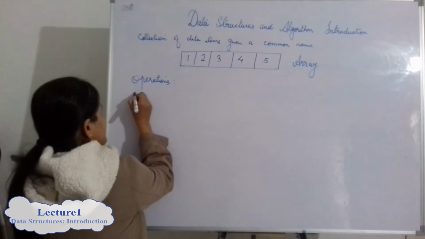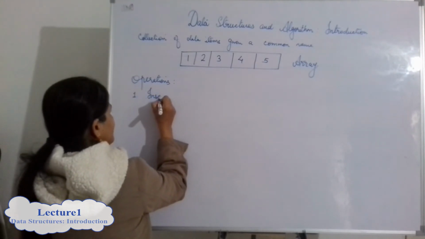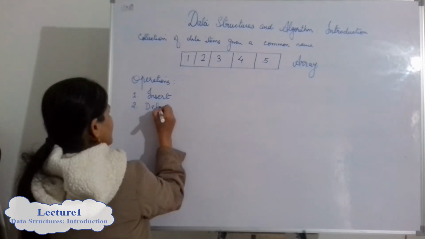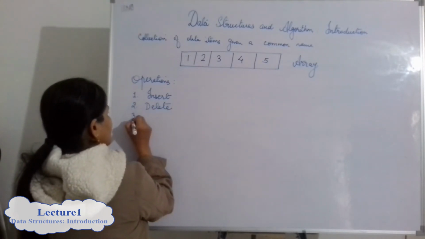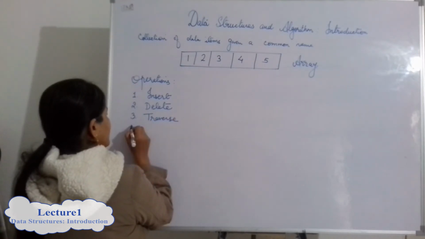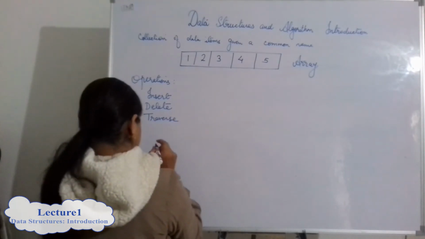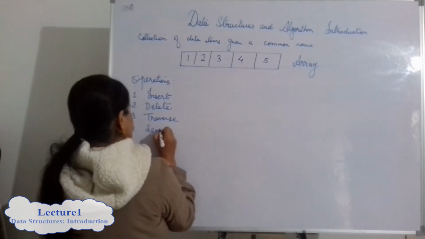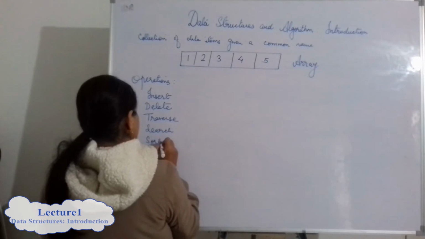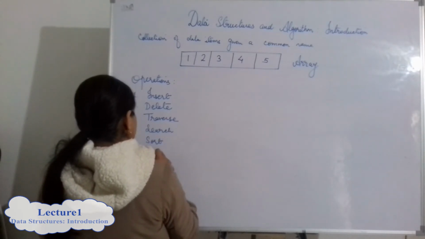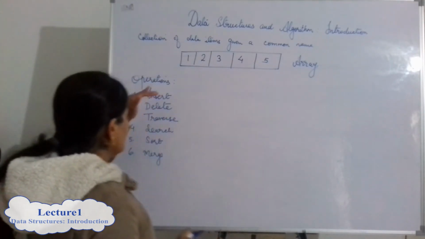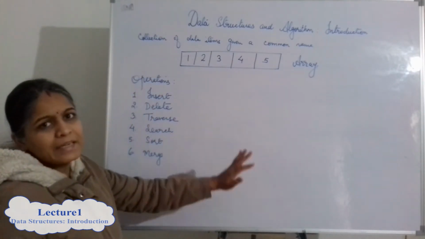First operation is insert operation, delete operation, traverse operation, search operation, sort operation, and merge operation. These 6 operations are common to all the data structures.